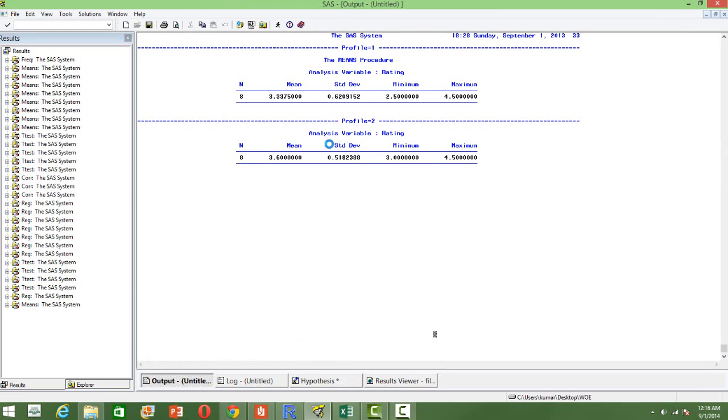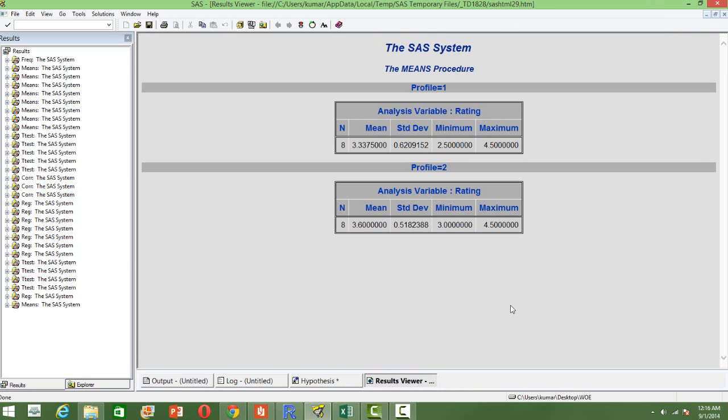So first thing we will do is calculate the average rating with respect to the profiles, and you can see in the output that the average rating for profile 1 is 3.33 and the average rating for profile 2 is 3.6. Similarly, the standard deviation is 0.62 in profile 1 and 0.51 in profile 2, and the minimum and maximum. Now looking at the data, we cannot conclude anything.